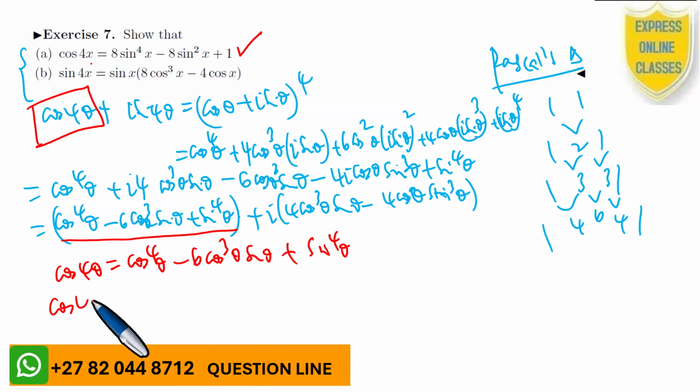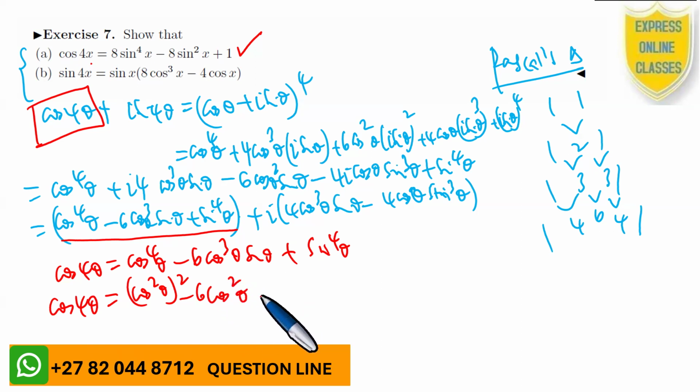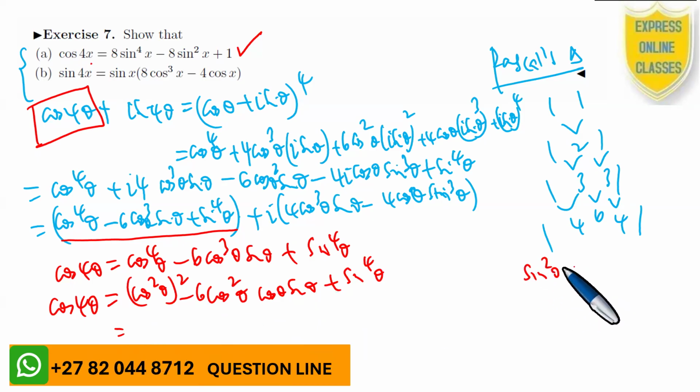But if you have this, it is cosine squared theta squared. Okay. And then you can do cosine squared theta, then this is cosine squared theta sine squared theta, sine to the power 4 of theta. So which means that now, sine squared theta plus cosine squared theta is equal to 1.